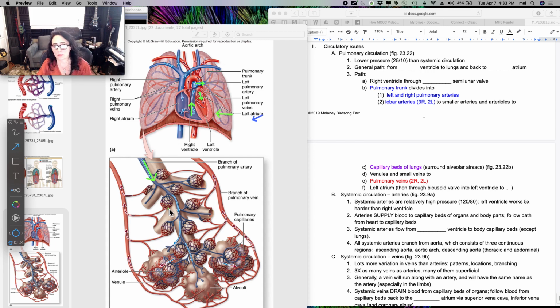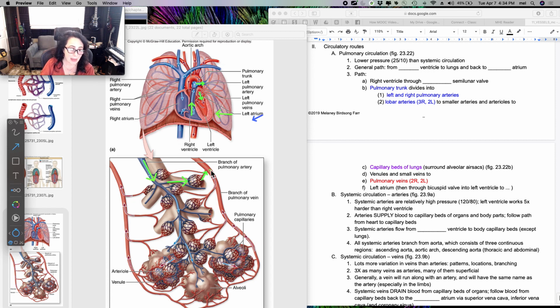Okay, so we bring it to the capillary beds of the lungs that surround your alveolar air sac. And then what happens, of course, is as the blood goes by the alveolar air sac, so watch just this one. As the blood goes by, it comes in deoxygenated. It goes by this really, really thin alveolar sac, and the capillaries themselves are really thin, and it gets oxygenated as it goes by.